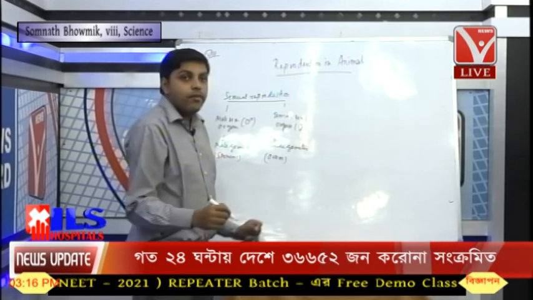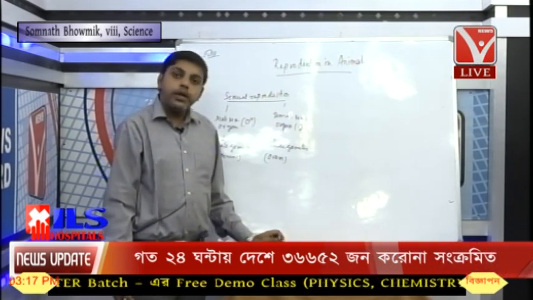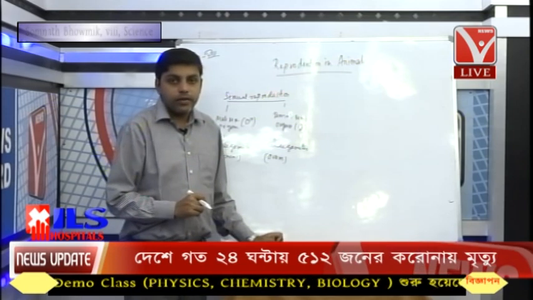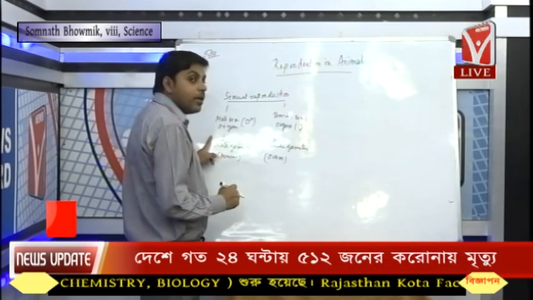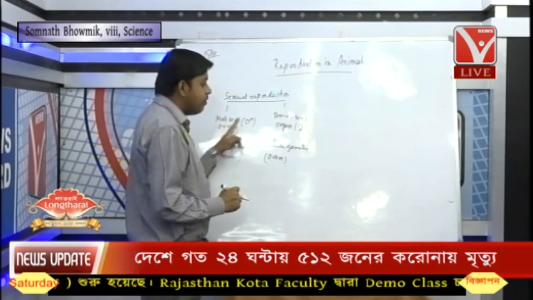If you have any question or query or confusion, you may call me on the number given on the screen. Okay. Now let me start with each of them, the male sex organ and the female sex organ.